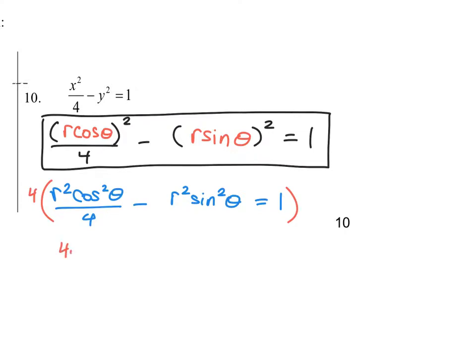So 4r squared cosine squared theta minus, that would just cancel. It's just r squared. The other one gets the 4. 4r squared sine squared theta is equal to 4.